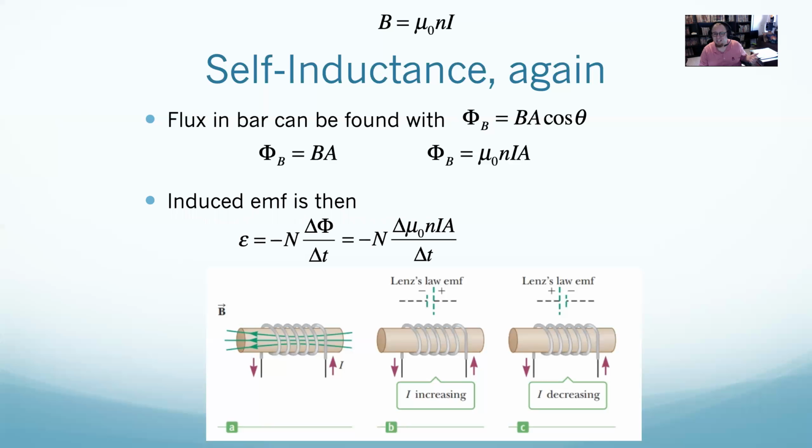The only thing changing is I, so I'm going to move everything else out of my delta. And I get that the induced EMF is negative the number of turns times mu naught times the number of turns per length, so the number of turns shows up twice here, times the area, times delta I over delta t.